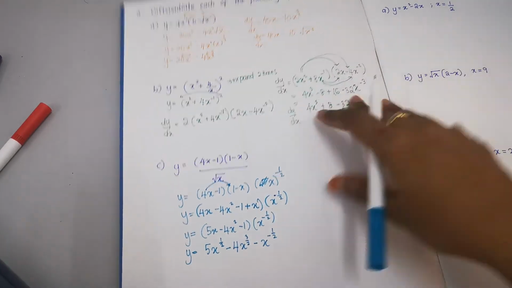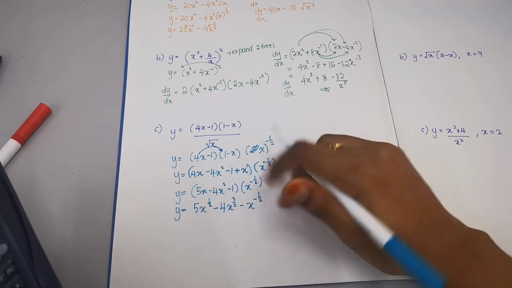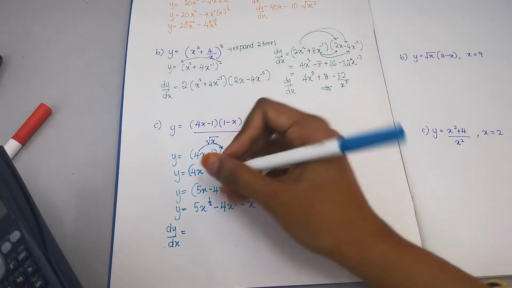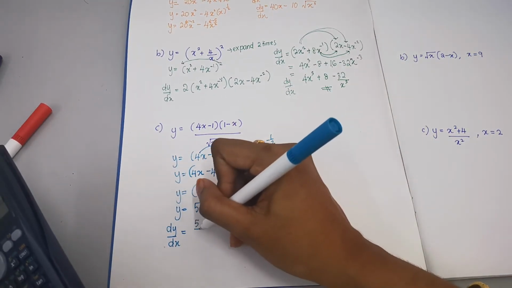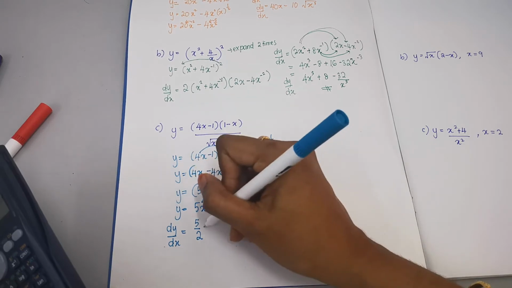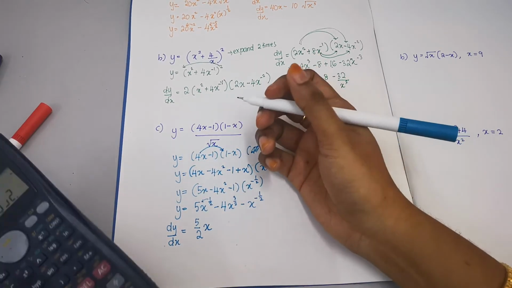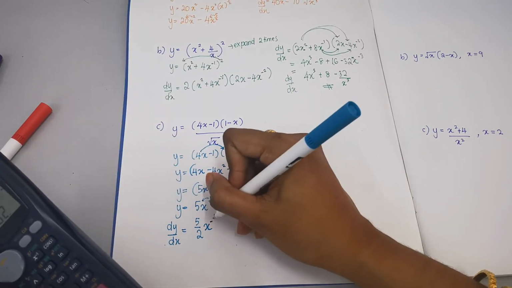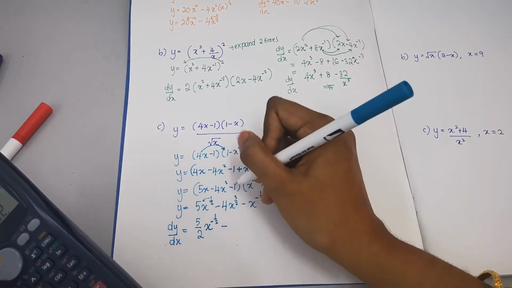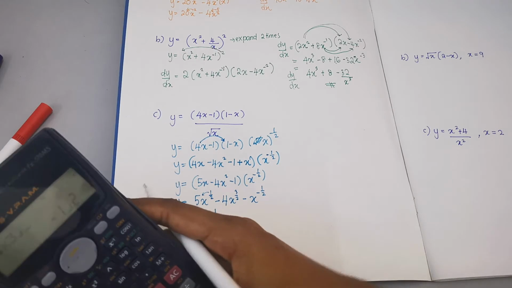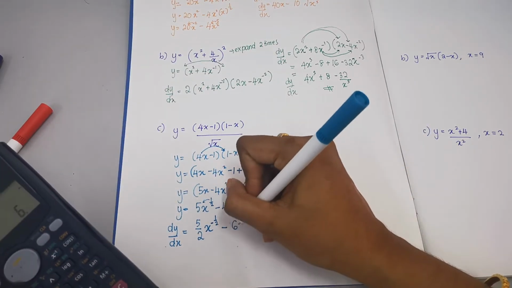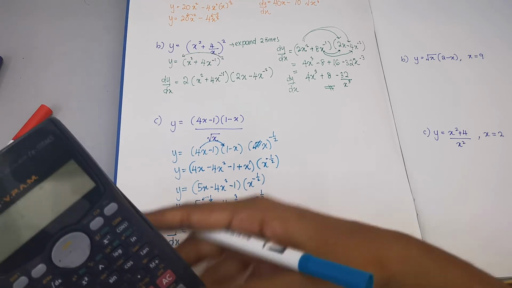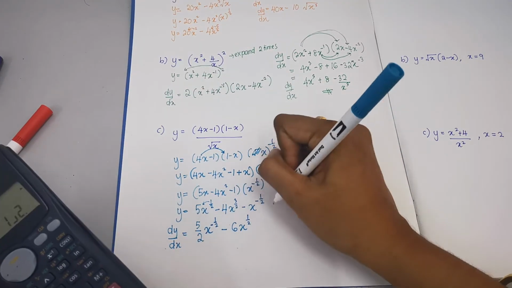So this is the function that we're supposed to differentiate. So now you find your dy dx. Here we will be getting 5 over 2 x to the 1 over 2 minus 1, we get negative 1 over 2. Then 4 times 3 over 2 is 6, x to the 3 over 2 minus 1, we get 1 over 2.